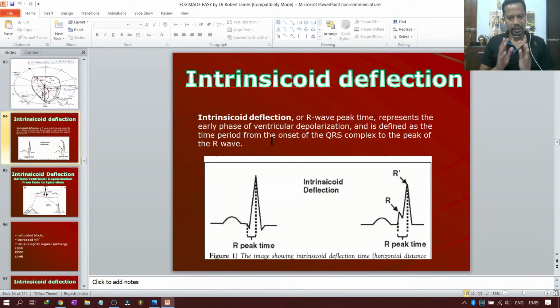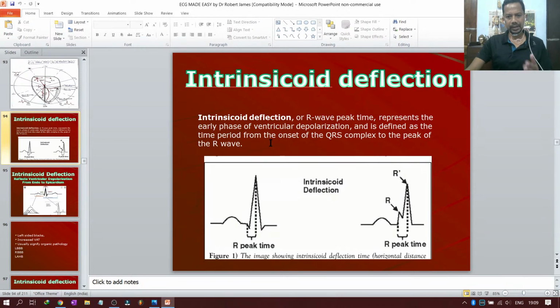Intrinsicoid deflection should not be more than 0.05 milliseconds. Basically, slightly more than 1 small square, it should not be more than that. If it is more than that, you can call it increased VAT. VAT means ventricular activation time.